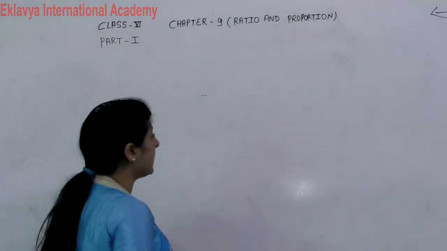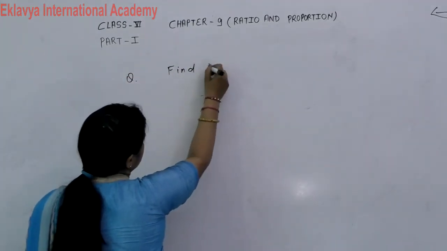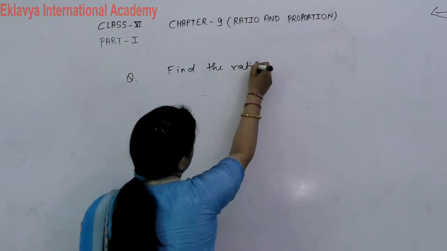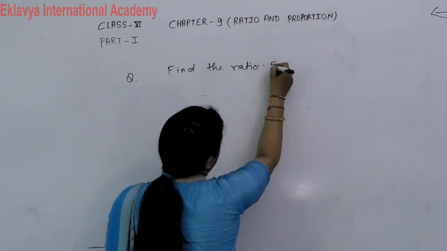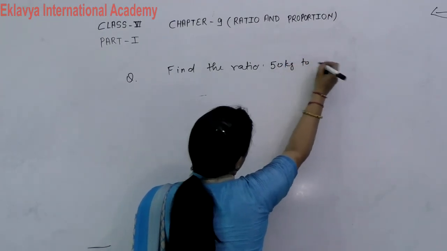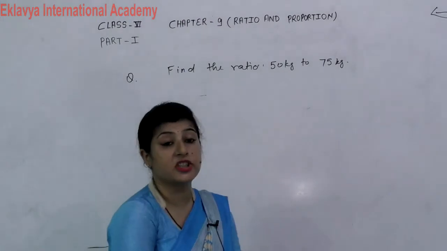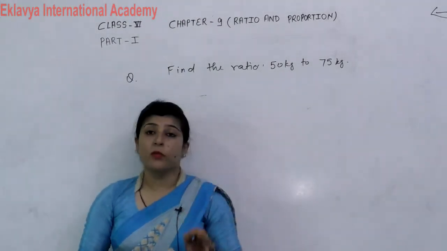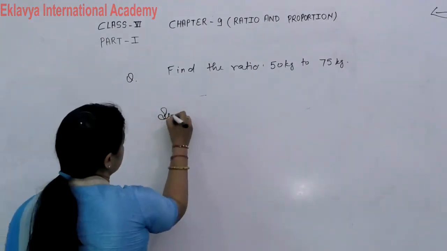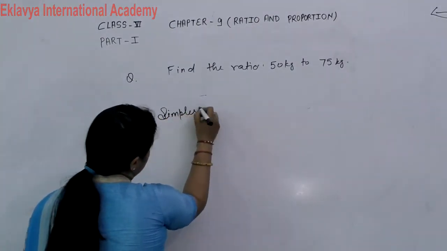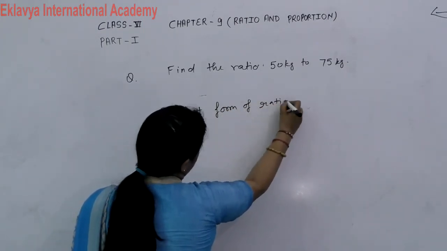Suppose directly given to you, find the ratio (50 kg to 75 kg). We have to find out their ratio. One more thing, simplest form of the ratio. What is the simplest form of ratio?